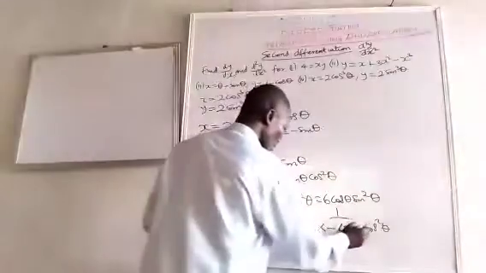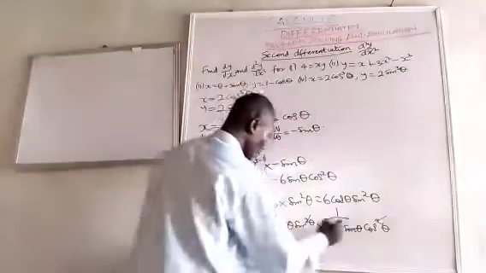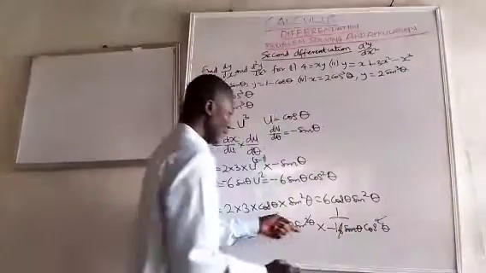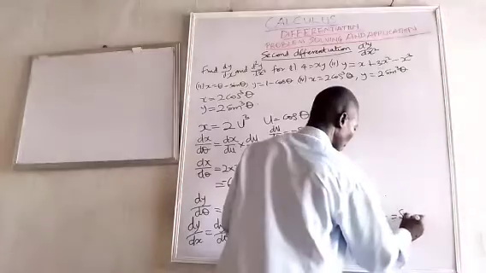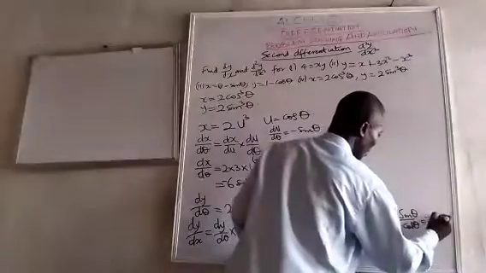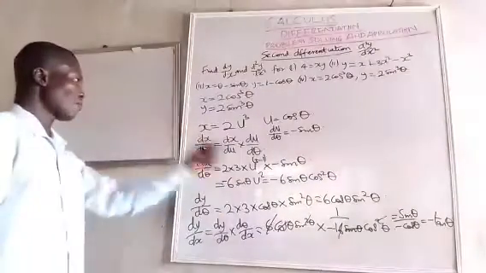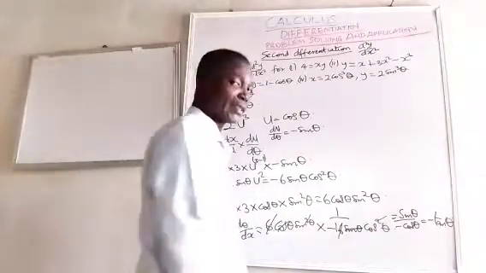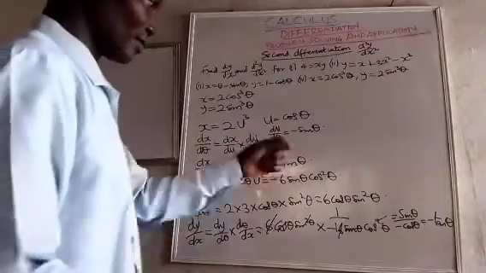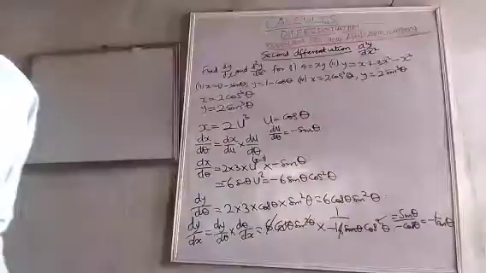So this one gives 1 here, this one cancels, and I have minus 1 here. And I have sin theta over minus cos theta, which is minus tan theta. So dy dx is minus tan theta.